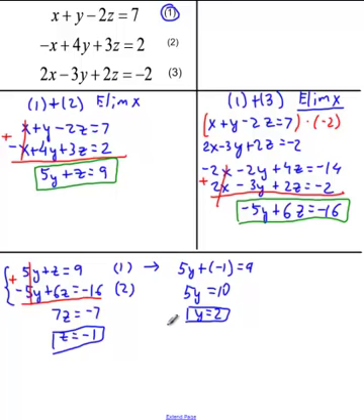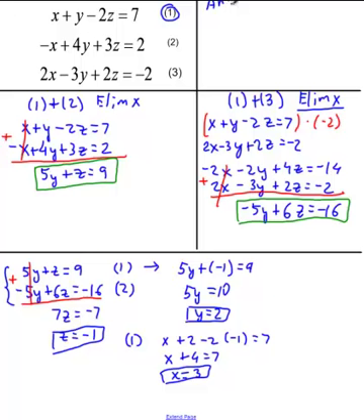So I will have x plus y, which is 2, minus 2 times z, which is negative 1, and this must equal 7. So I will have x, 2 plus 2, which is going to give me 4, equals 7, or x equals 3.